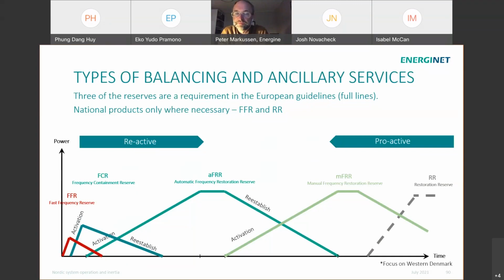But then we have a very reactive setup by the use of the FCR to take the short-term imbalances. Whereas, for example, in Germany or Holland, they use both FCR and AFR much more actively, whereas we are using the MFR in the Nordics. Yeah, next slide, please.